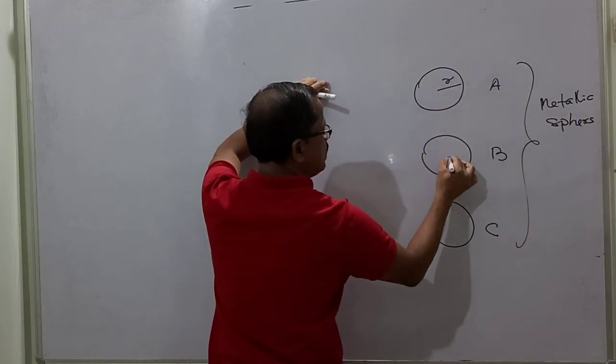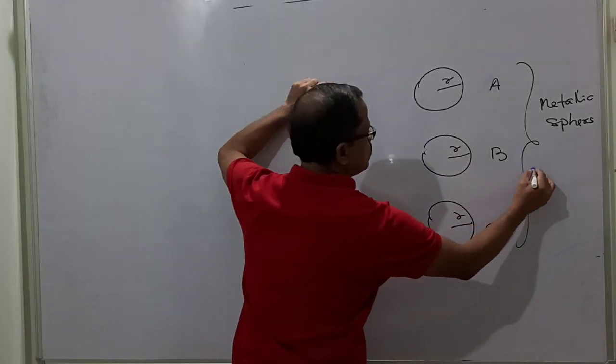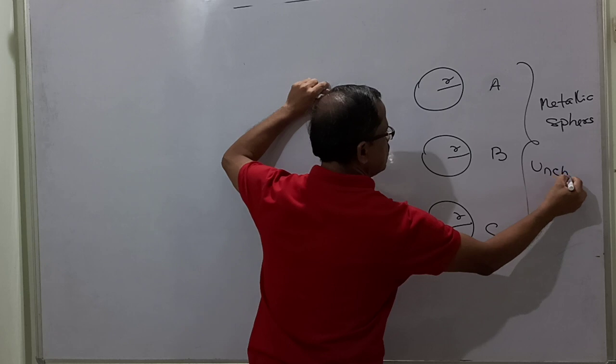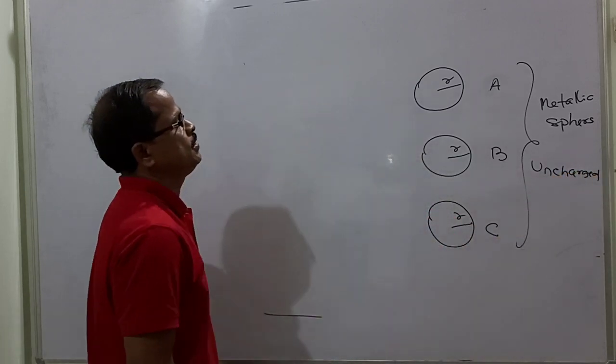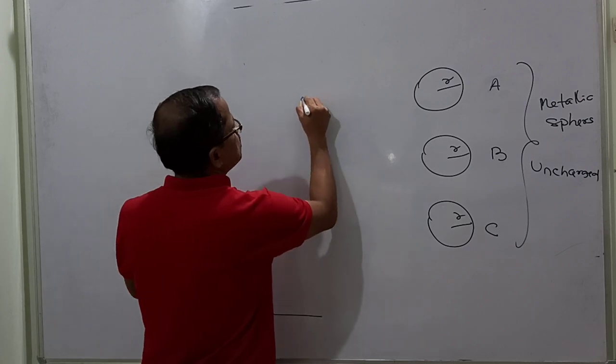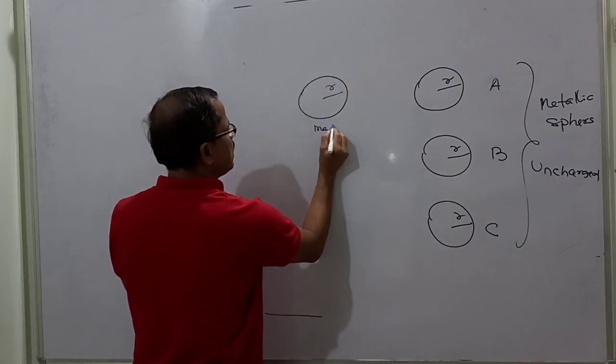Radius is R for each. And all are uncharged initially, no charge. Another identical sphere, P, is also metallic, with the same radius.